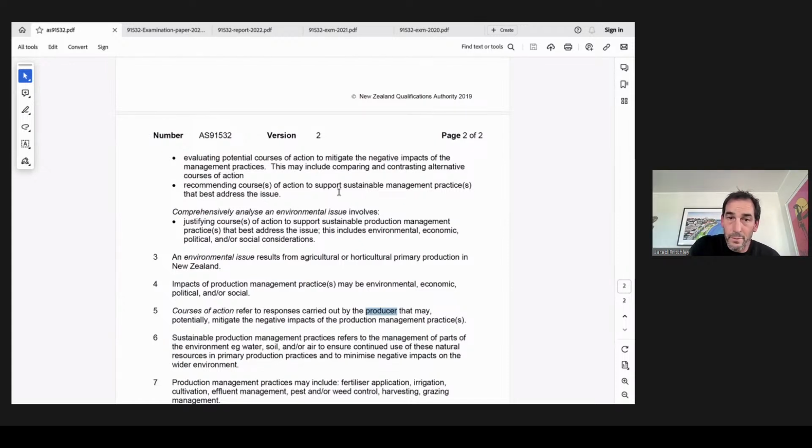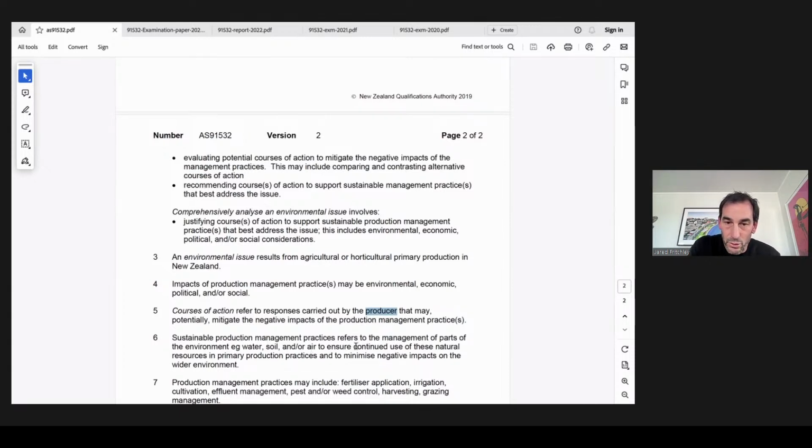We talked about the fact that our excellence answer here, the course of actions, and to get this idea of sustainable production. Sustainable production management practices refers to the management of parts of the environment. And for us this year, it's obviously our greenhouse gas, it's our air, to ensure continued use of these natural resources and primary production practices and to minimise negative impacts on the wider environment.